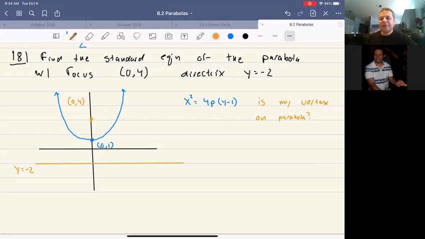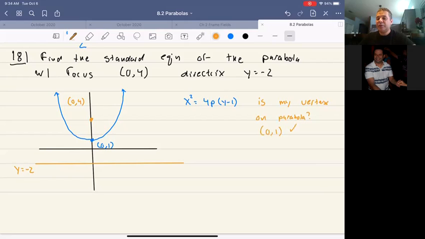So is my vertex on the parabola? I'm looking for (0, 1). If I put (0, 1) in here, I get 0 here and 0 here. So check. If I had done plus 1, it wouldn't have worked. So just do that double check.